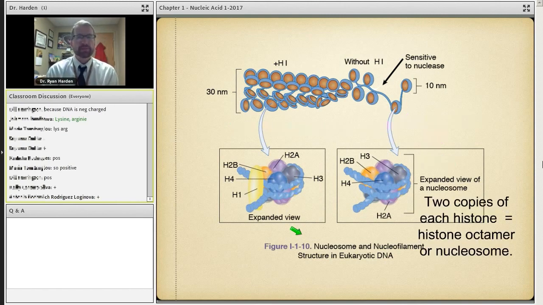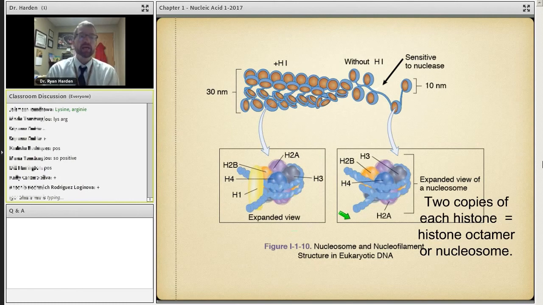So 2 copies of each histone is a histone octamer or nucleosome. What does that mean? It means in this nucleosome, there are 2 copies of each type of histone: 2 copies of H2A, 2 copies of H2B, 2 copies of H3, 2 copies of H4. We've already been through that.